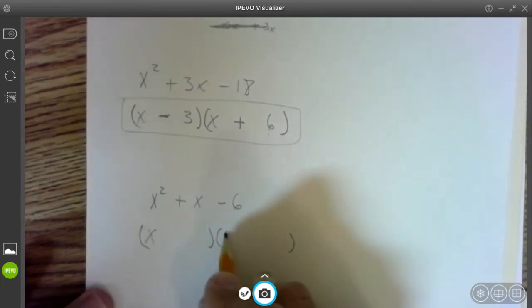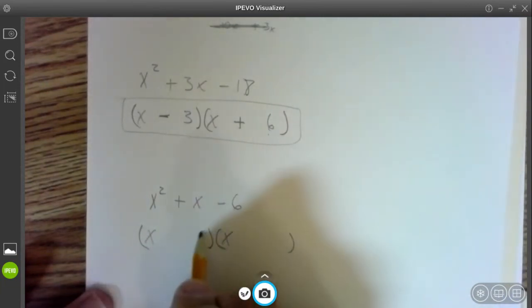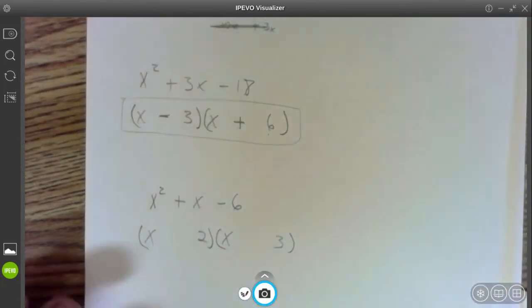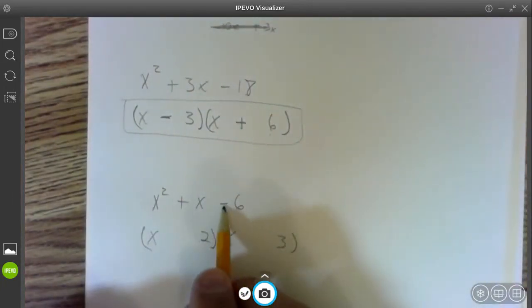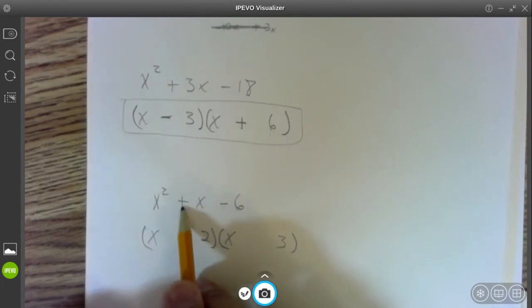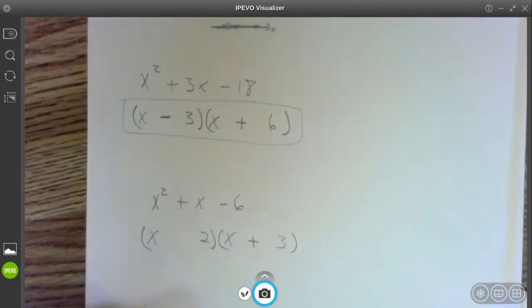That's going to have to be a 2 and a 3. Different signs, and the bigger one is positive. So that one's positive, and this one's negative. That's it.